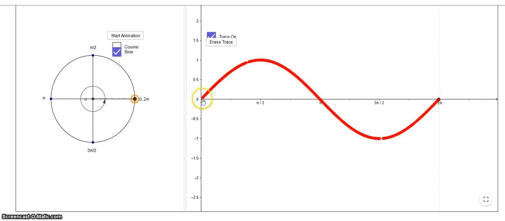It starts at 0, goes up, comes back down, and ends at 2 pi. That's one period. If I kept going, I would just keep wrapping around the circle, so my y values would come back up, then go back down, and so on. A couple important words we're going to use here. First, the period is 2 pi.